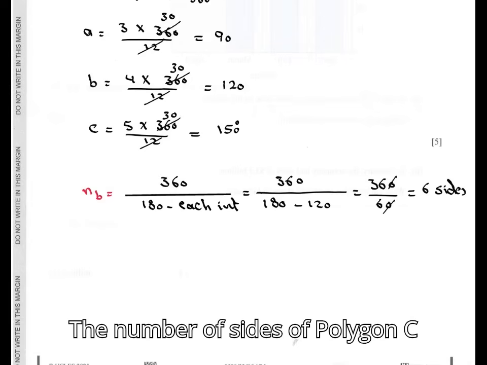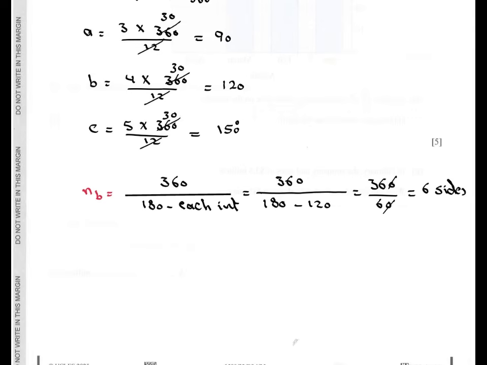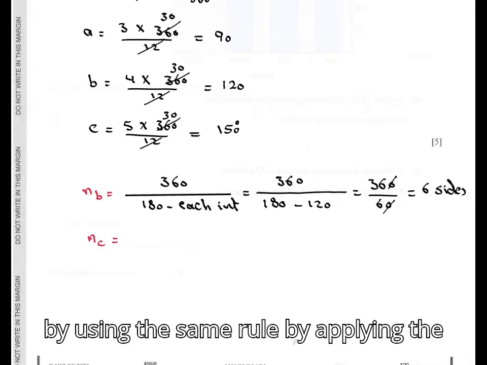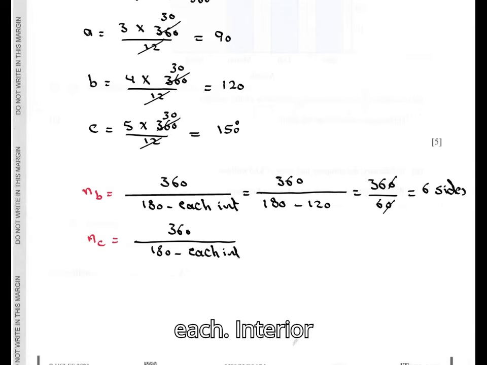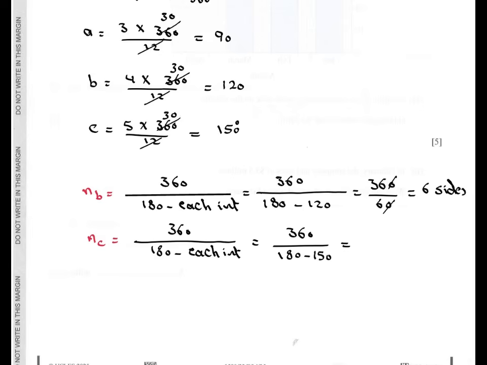The number of sides of polygon C, by applying the same rule, is 360 over 180 minus each interior angle, equal to 360 over 180 minus 150, which is 360 over 30.